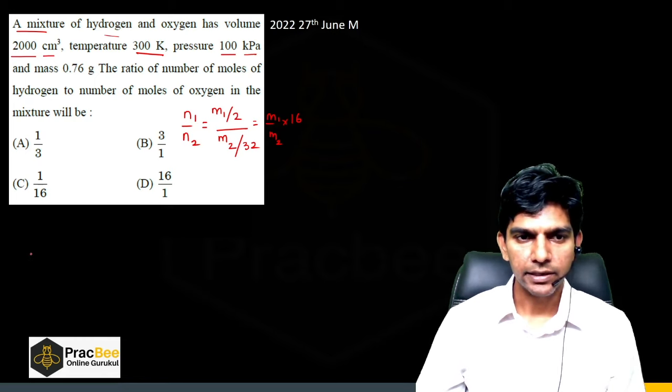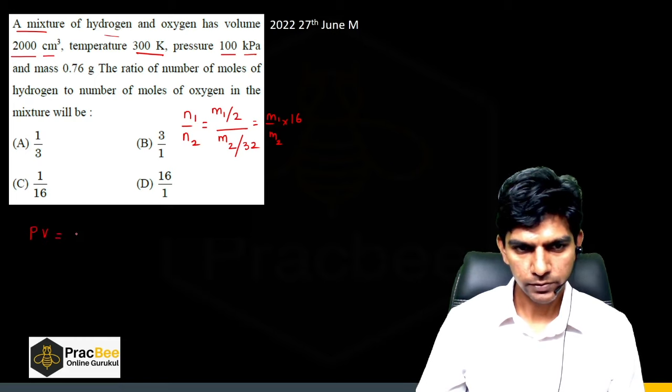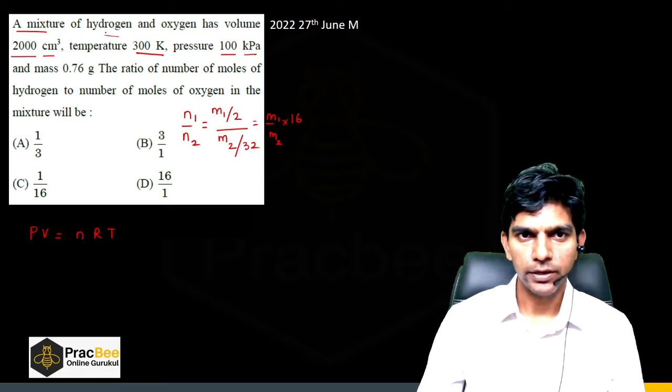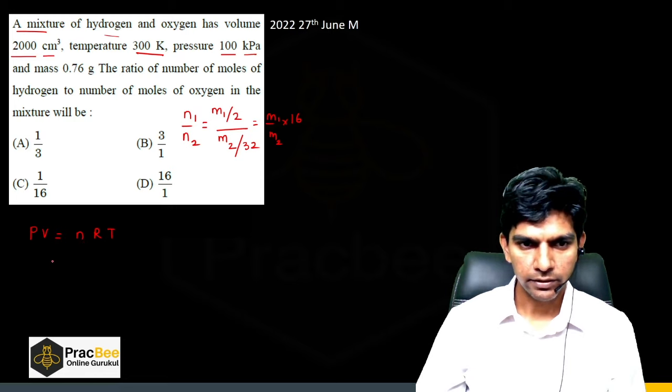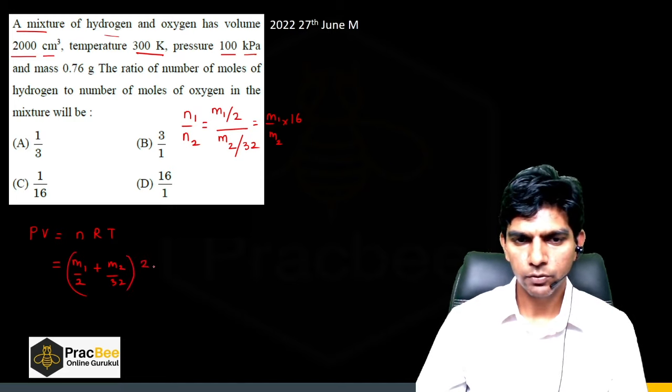So if I apply the ideal gas equation in this question, we know that PV is equal to nRT. Now this n will be the sum of the moles of hydrogen and oxygen. So we can write n as M1 by 2 plus M2 by 32. R, for simple calculation, I can put as 25 by 3.